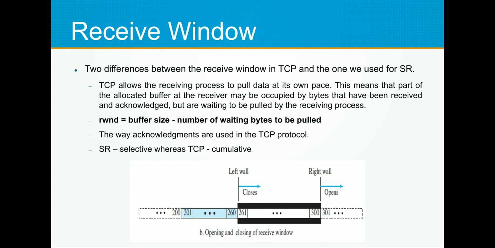Again, if we compare the receive window with that of the selective repeat, the difference is that TCP allows the receiving process to pull data at its own pace.